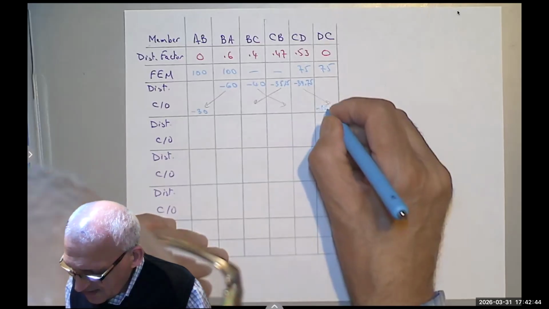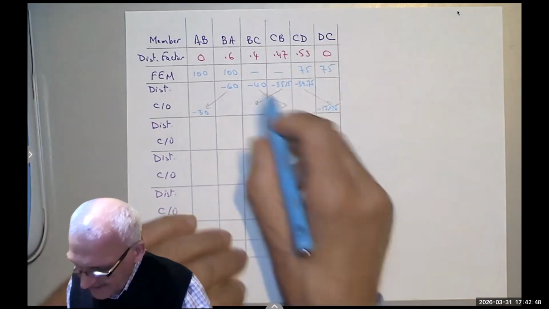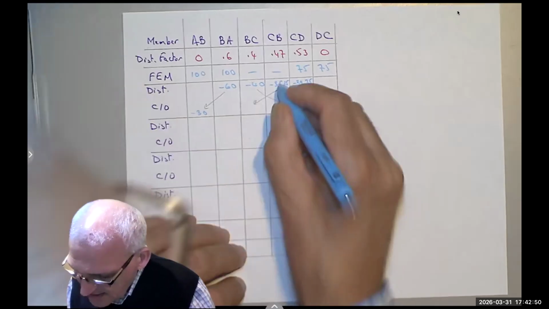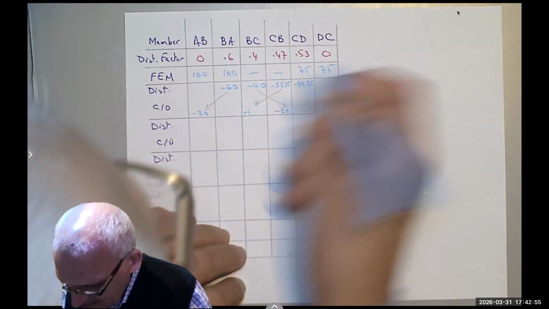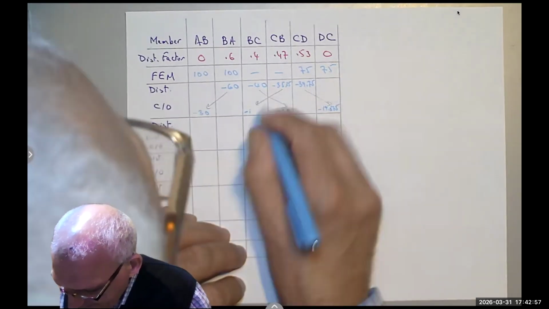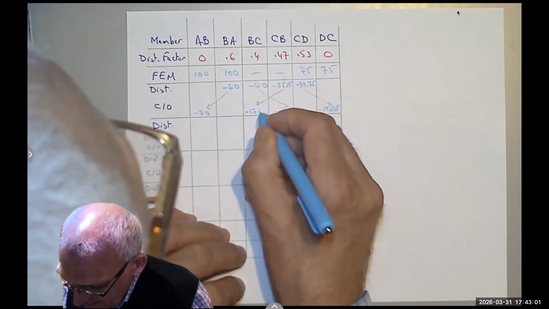We can, okay, 875. I don't want to mess it up. The negative 40 would be negative 20, and this guy would be negative, again, 17.625.